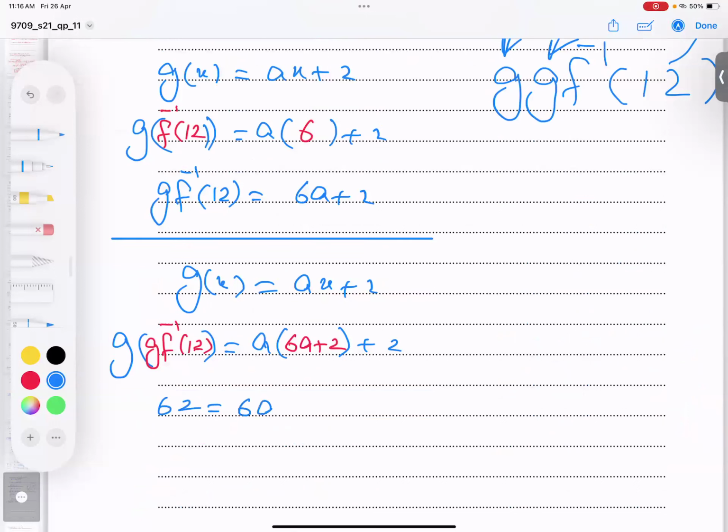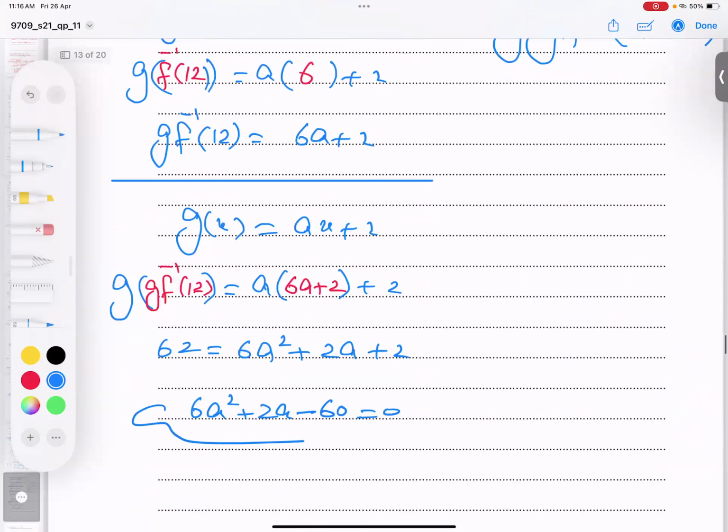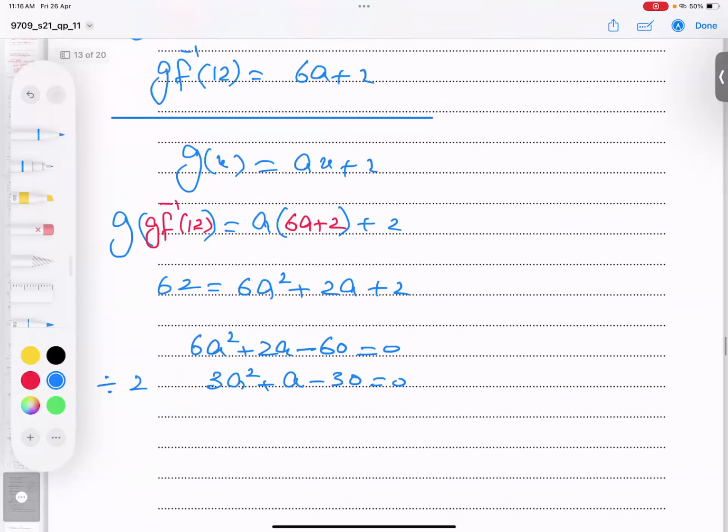Here I got 6A squared and 2A, plus 2. Okay, students, ultimately, if I bring this to the other side, I get 6A squared plus 2A and negative 60. How is negative 60 obtained? Subtract 62 from 2. A 0 here or 0 there, no problem. Divide the whole equation by 2, or it is not compulsory, student, divide by 2. I got 3A squared plus A and negative 30. I hope you got my point. Now 3 3s are 9, and 10 9s are 90.